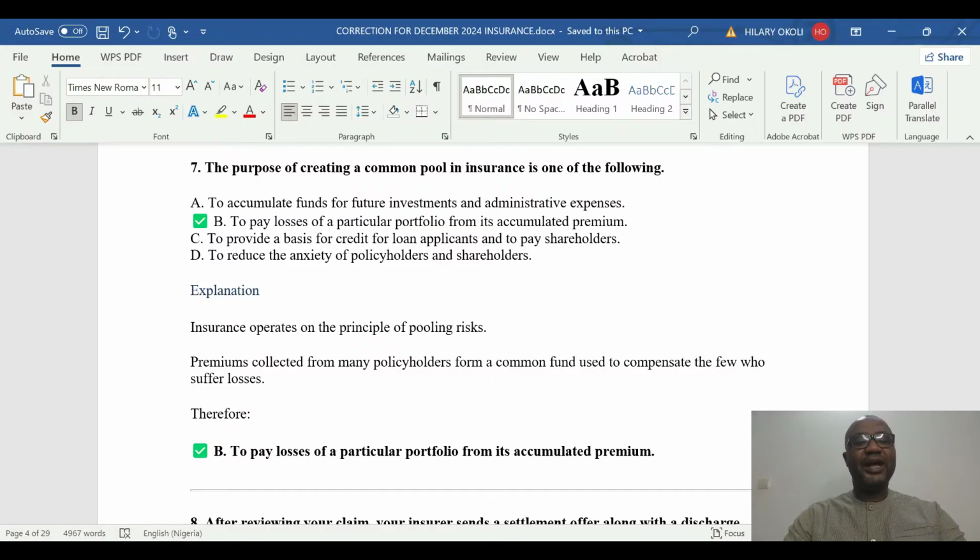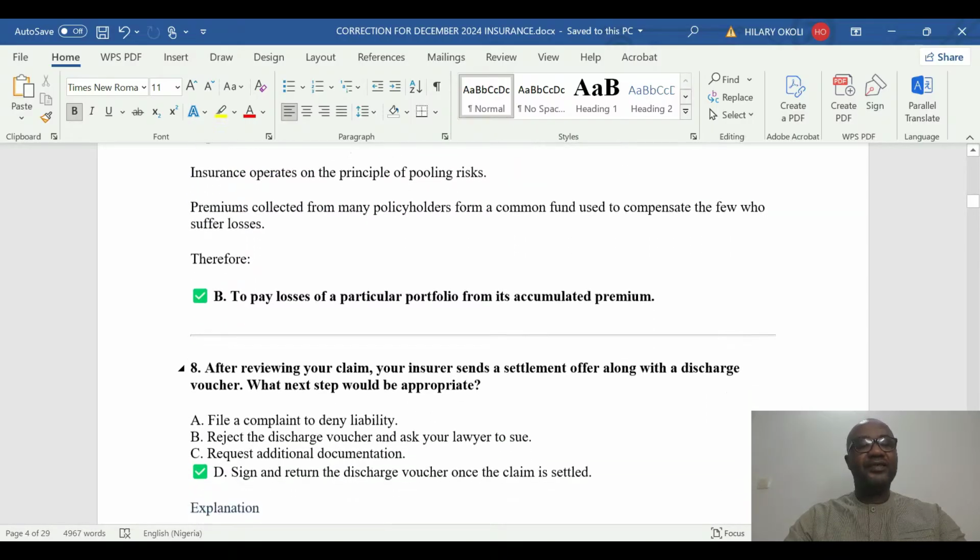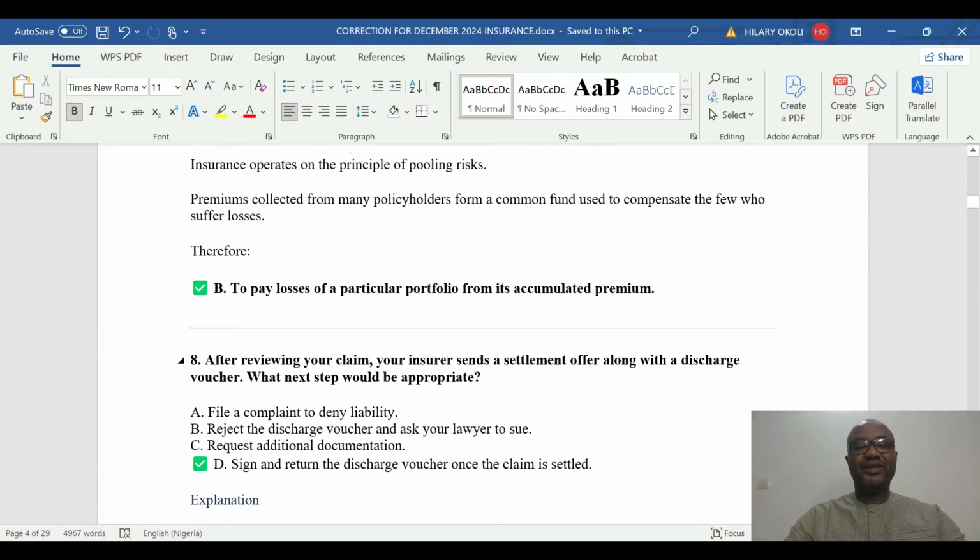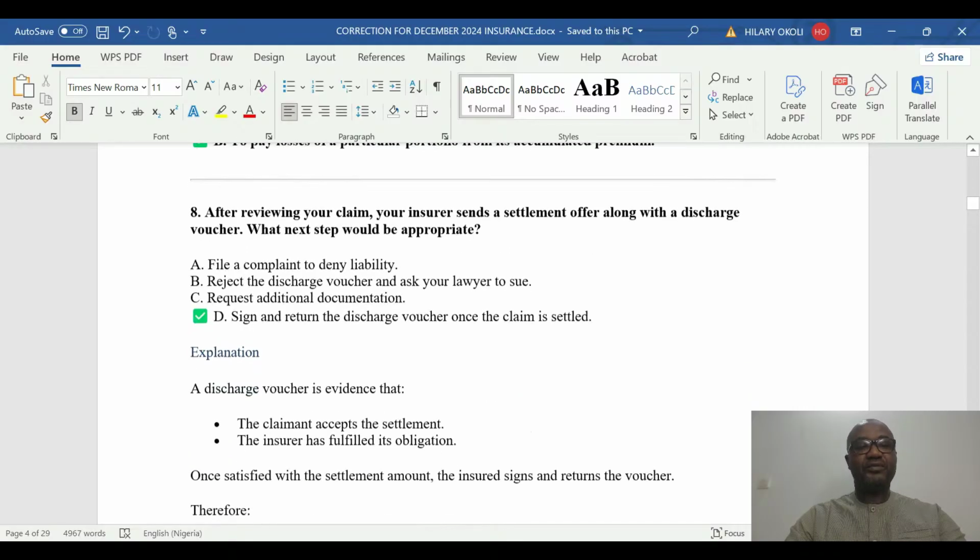It doesn't happen that way. So the premium collected from these many policyholders forms a common fund that will be used to compensate those few who may suffer loss. So the answer is to pay losses of a particular portfolio from its accumulated premium.